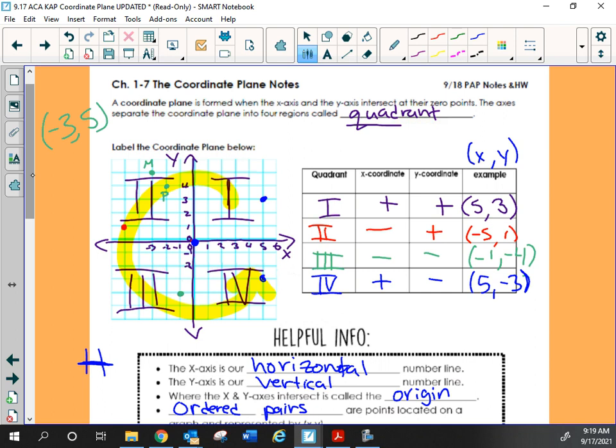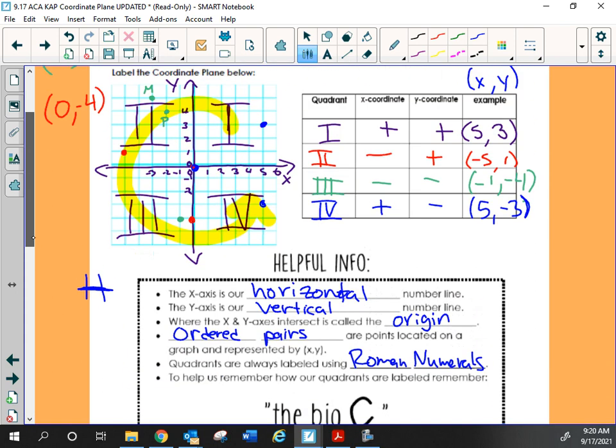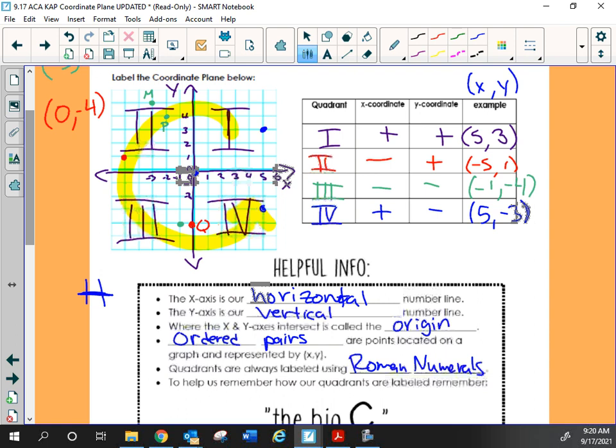0, -4. Okay, 0, -4. The 0 tells me that I'm not going to move which direction? I'm not going to move left or right. I'm staying right there. The only thing that tells me to move is that -4, which tells me to move down 4. Okay, so 1, 2, 3, 4. It's a little weird, but you're like, oh, okay, I get it now. That was point Q. Now the question is, what quadrant is it in?